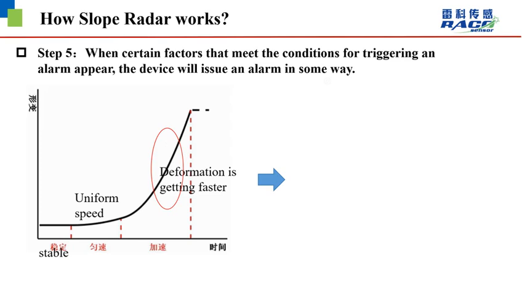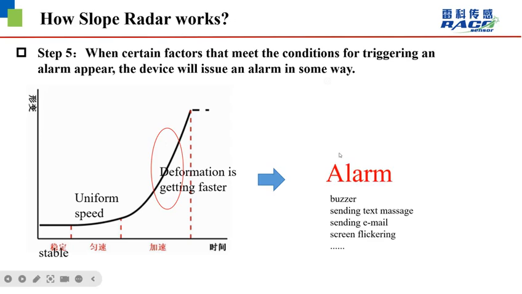The deformation is getting faster, so the radar will send the alarm. Alarms can be sent in multiple ways, like buzzer, text message, email, screen flickering. Okay, so far, the typical process of slope radar has been described.